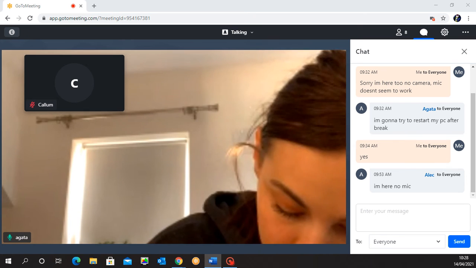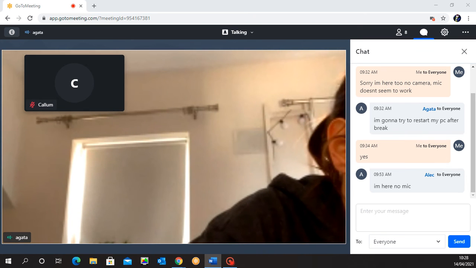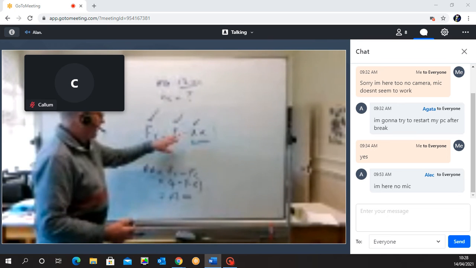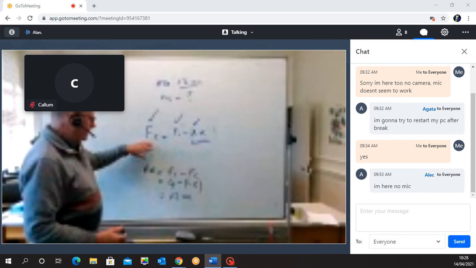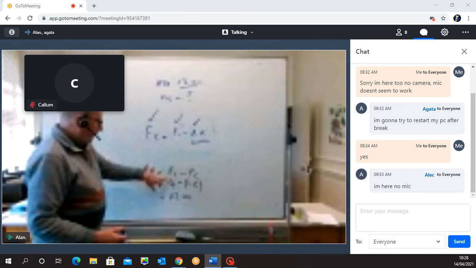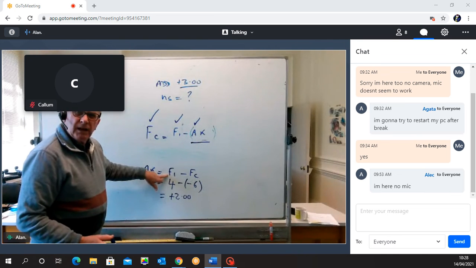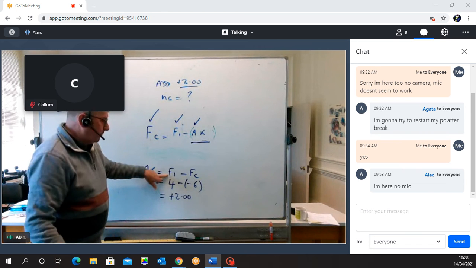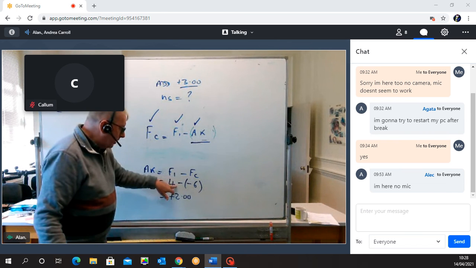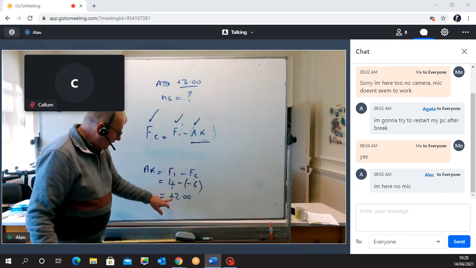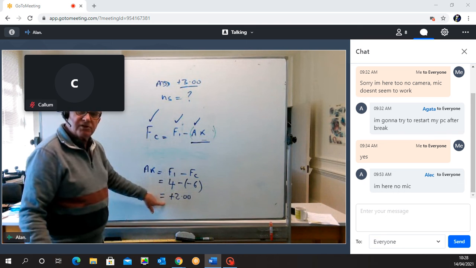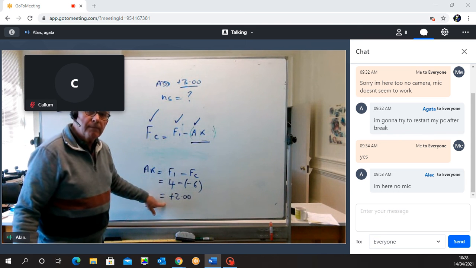Hope that's right. AK is equal to F1 minus FC. So F1 was plus 4, minus 6, but it's minus, so it's got to be plus. So the value AK comes to 2, right?